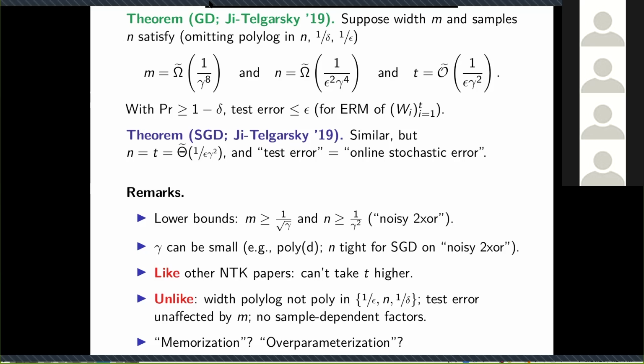The thing happening here is that the Frobenius norm can be pretty large. It could have size log 1 over epsilon, which is basically what you need for an epsilon error. But because we have multiple hidden units, the 2 infinity norm is basically the Frobenius norm divided by square root of m, which can be small and can ensure that the features do not change too much. I think that's our idea.